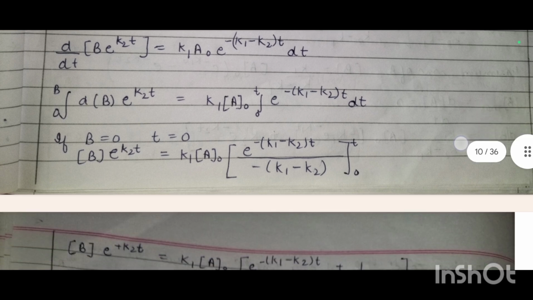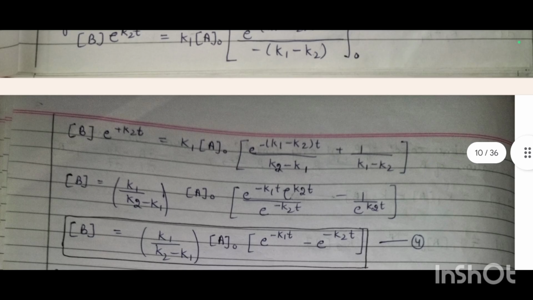If B = 0 at t = 0, then B e^(k2 t) = k1 A0 [e^(−(k1 − k2) t) / (−(k1 − k2))] from 0 to t.